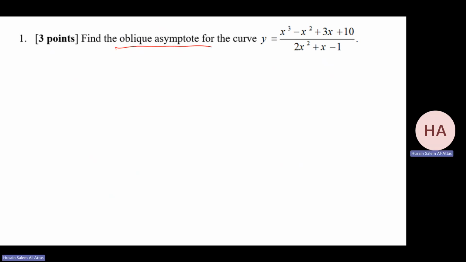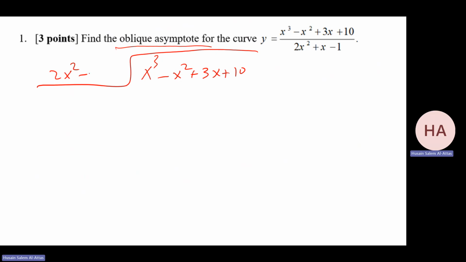Find the oblique asymptote, just calculation. Now the denominator is degree 2, huh? So divide this by this, you get what? Half x. Please note this is half x.